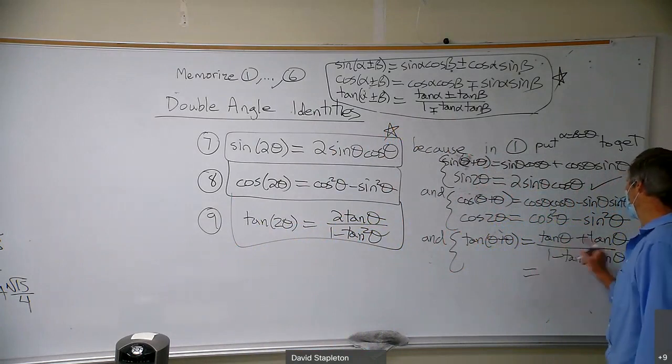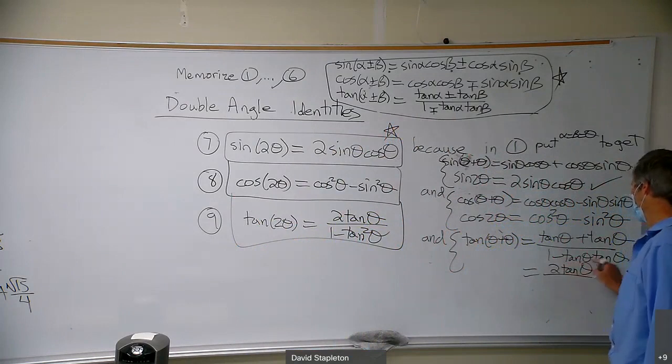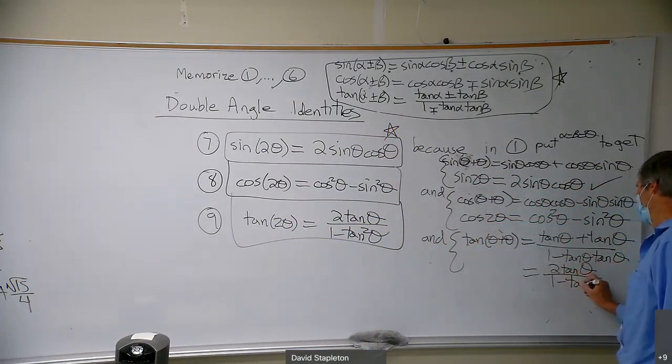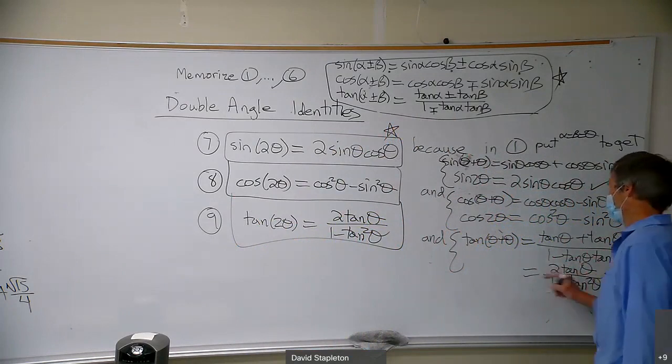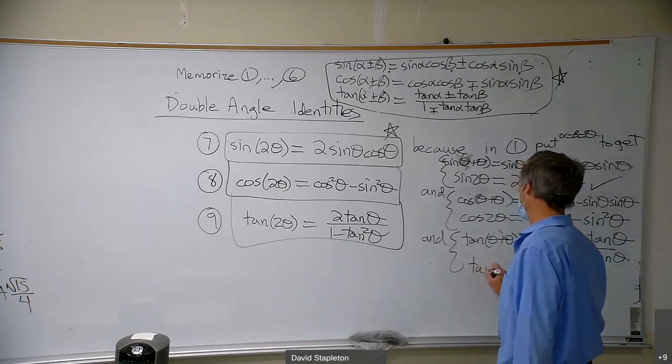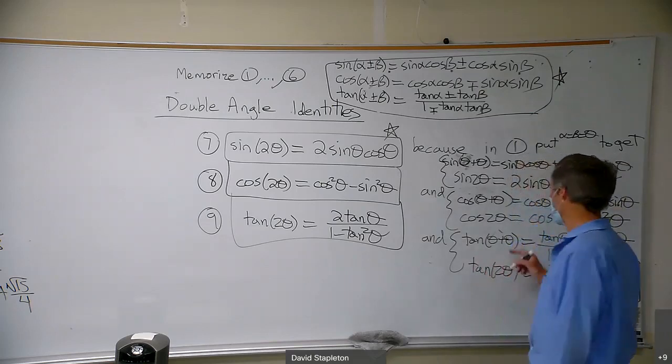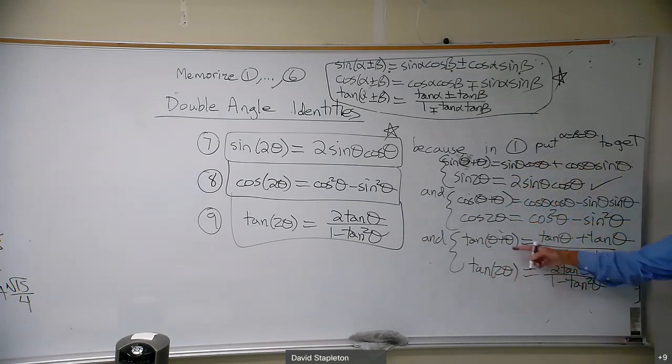Well, the right side, I have 2 tangent theta on the top. On the bottom, tangent times tangent is tangent squared. And tangent of theta plus theta is tangent 2 theta. So there's the proof there. Putting alpha equals beta equals theta in the sum of angles formula for tangent gives you this. Simplify the left, simplify the right, there it is.